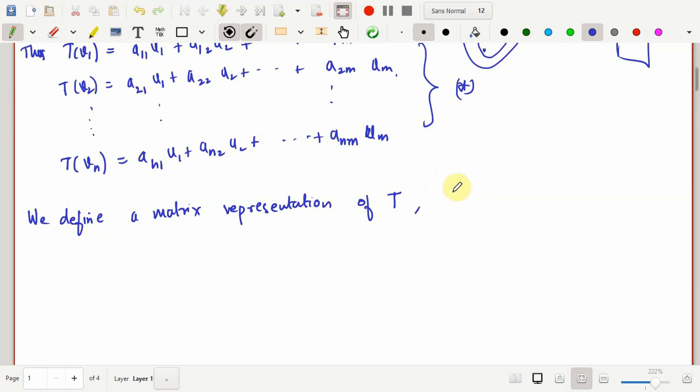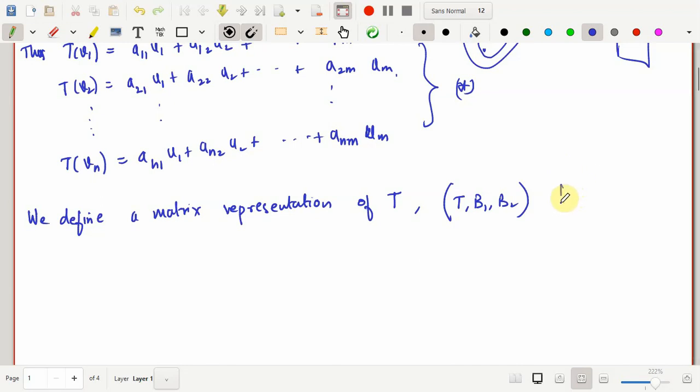Okay, we denote it in this way: T of B1 comma B2. That's a notation.